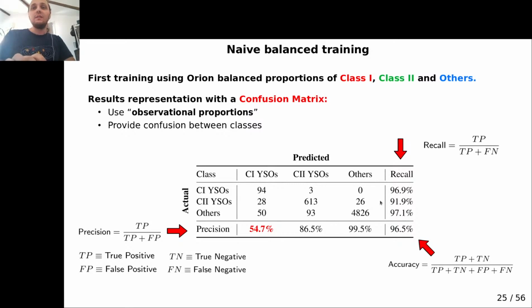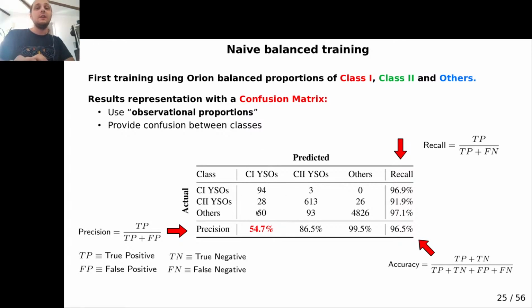What is happening here is that we have a very strong imbalance between our class of interest and our contaminant classes, which means that even if we have a very high recall for our contaminant class, it is still not high enough to avoid contaminating our class of interest by a significant margin.